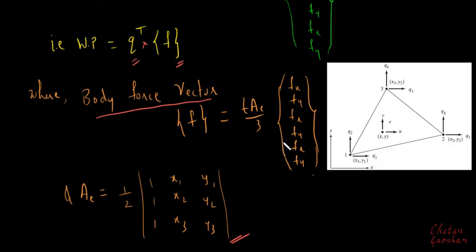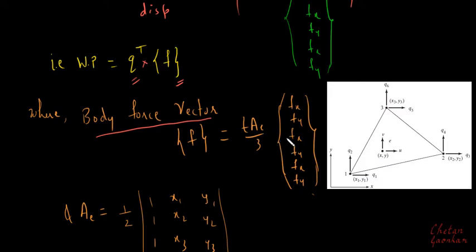Now at this stage, what we need to understand is the moment I get any body force components, that is fx and fy, acting over this entire element, since the FEM demands application of forces only at the nodes, I can distribute these forces at the nodes as follows.